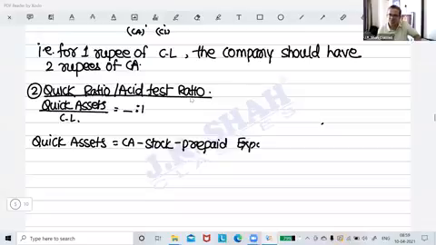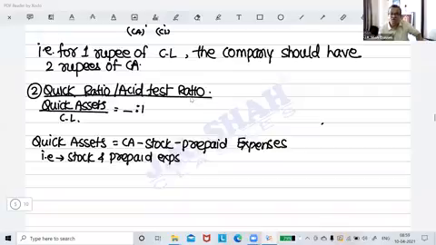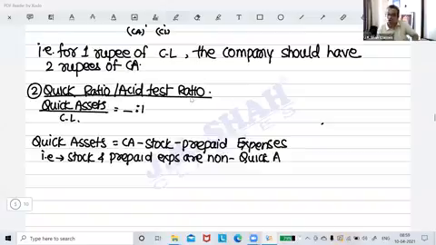See guys, this is always very important. So what am I trying to tell you? Stock and prepaid expenses are non-quick assets. They are non-quick assets.